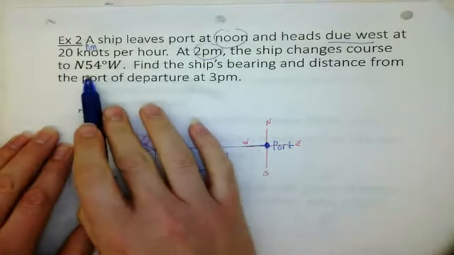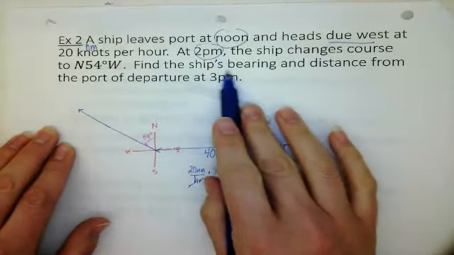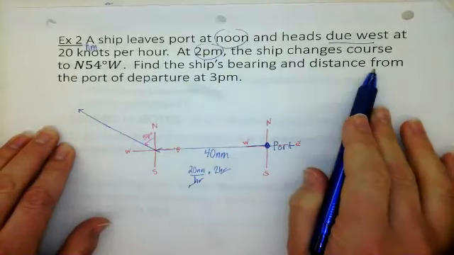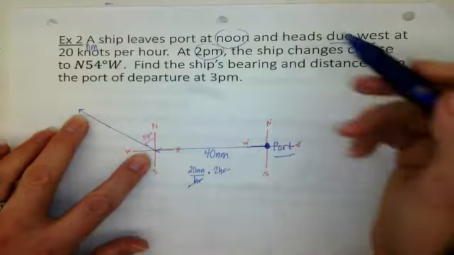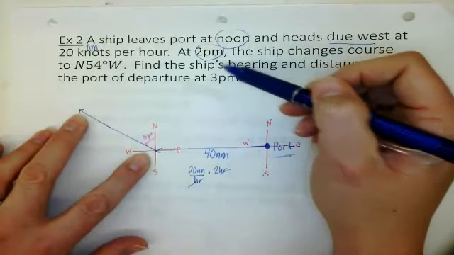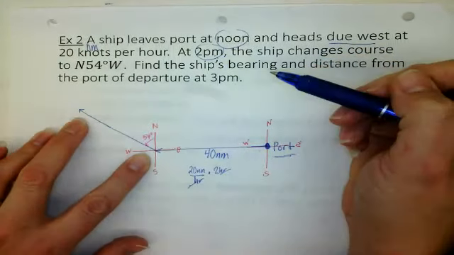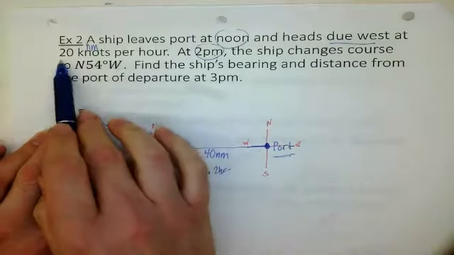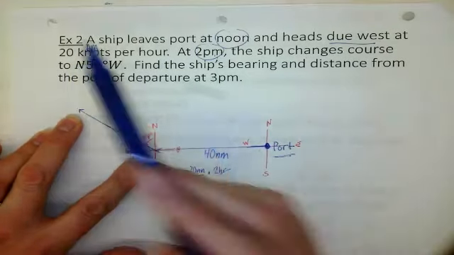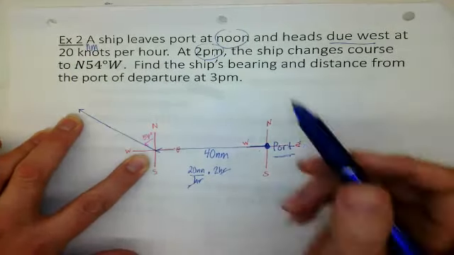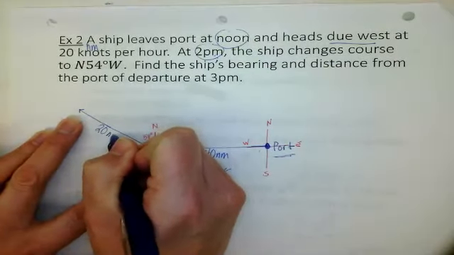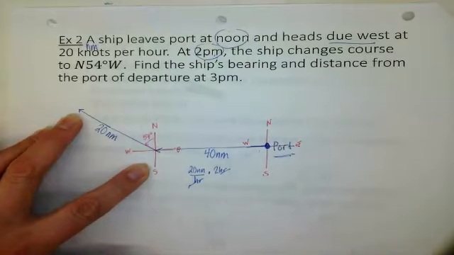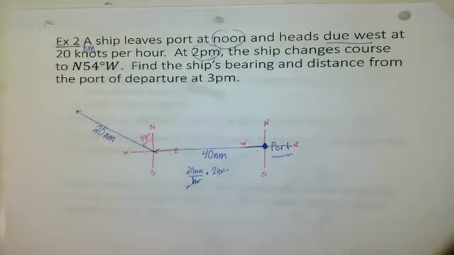He changes course to north 54 degrees west, and we want to find his bearing and distance from the port of departure at 3 p.m. At 2 p.m., he changed course, and we want to know where he is at 3 p.m. I'm assuming he's still traveling at 20 nautical miles per hour, and so this is only for 1 hour. So he's going to go 20 nautical miles for 1 hour, which is just the 20 nautical miles.